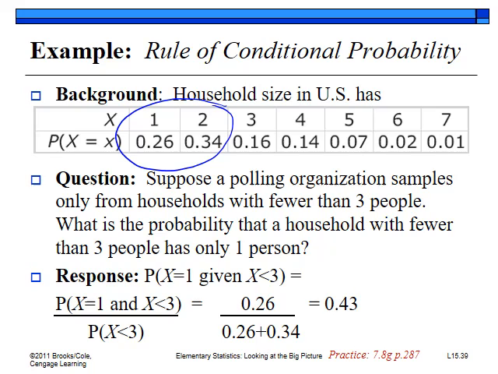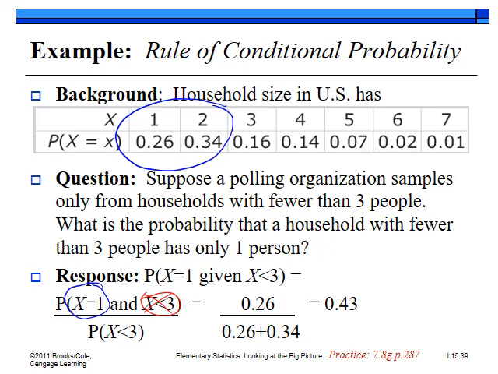The probability in the numerator is easier to find than it might look, because if x equals 1, that means automatically that x is less than 3. We don't need to consider that at all.